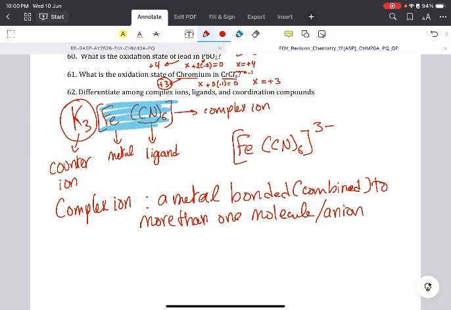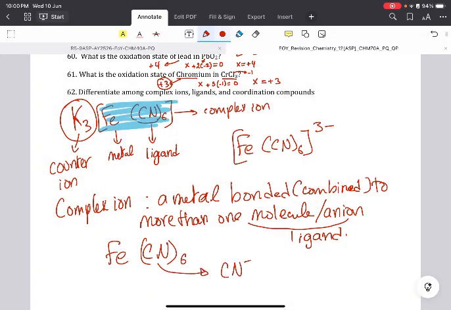Usually this is called the ligand. It could be a molecule that is neutral, or it could be an anion. For example, in this compound here, Fe is bonded to 6 CN. Now CN is a ligand and it has a charge of -1.